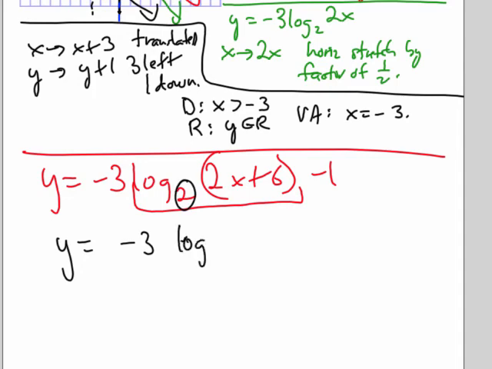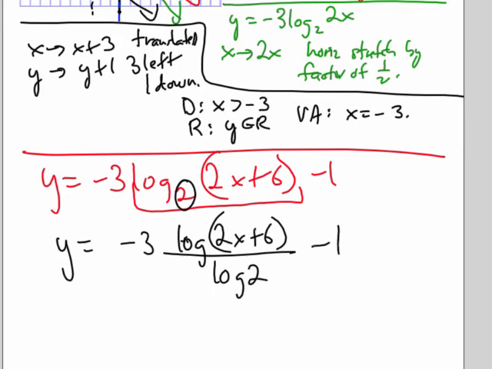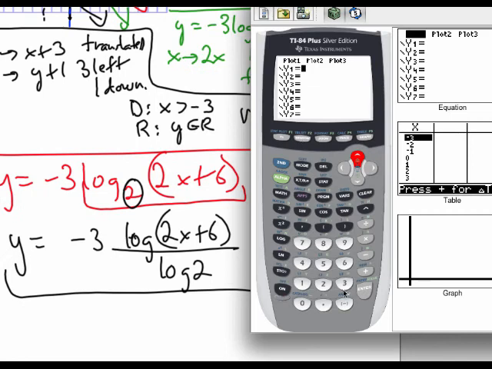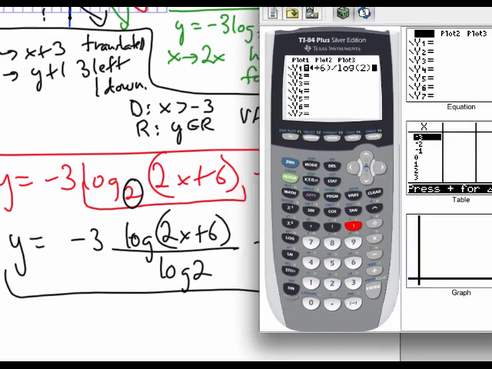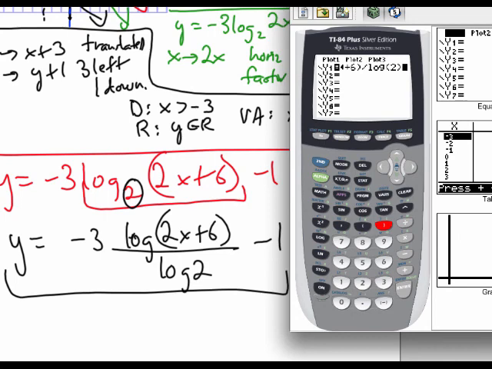A change of base rule would make that log base 10 of (2x plus 6) divided by log 2, minus 1. So this expression needs to get put into the calculator. So typing in negative 3 log (2x plus 6), that's a base 10 log, remember, divided by log 2. Subtract my 1.